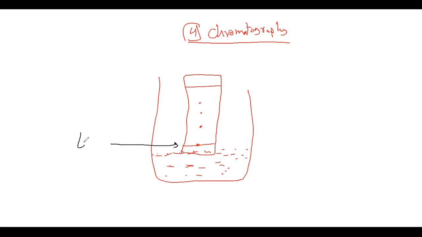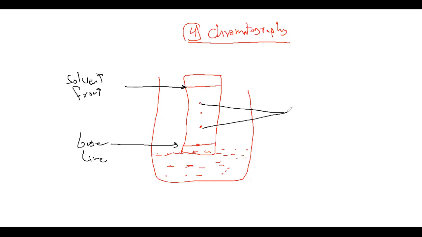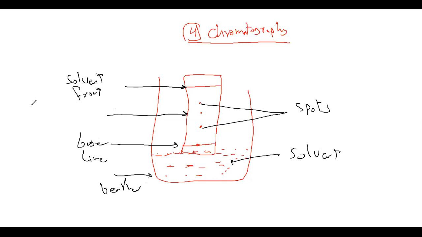This is the baseline or origin line, solvent front, spots, solvent, beaker, chromatograph paper.